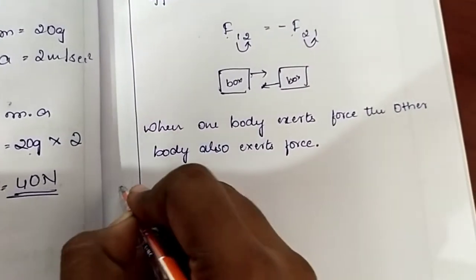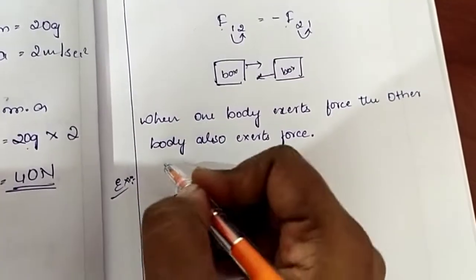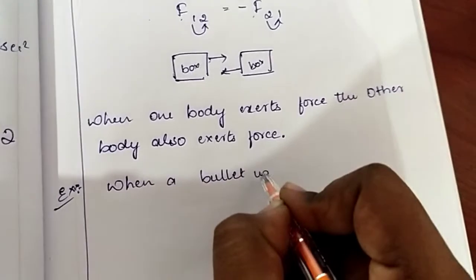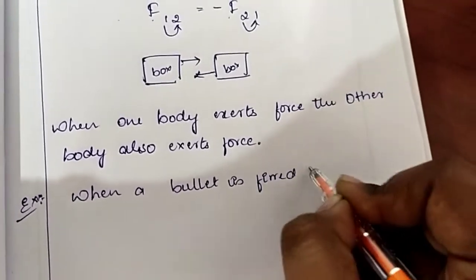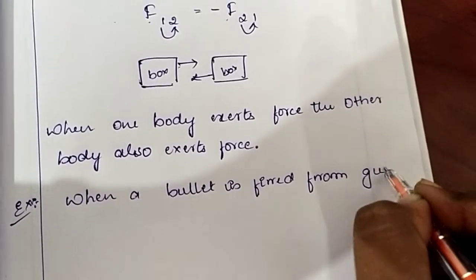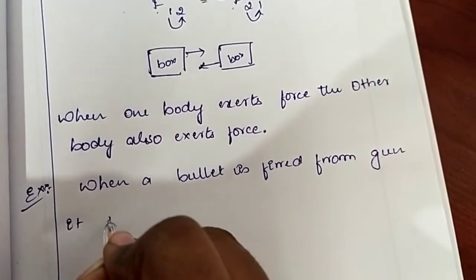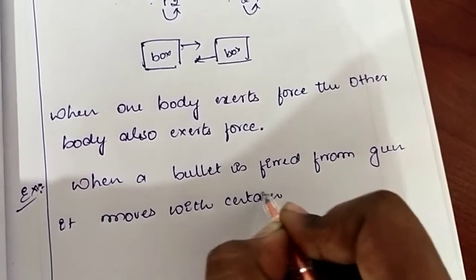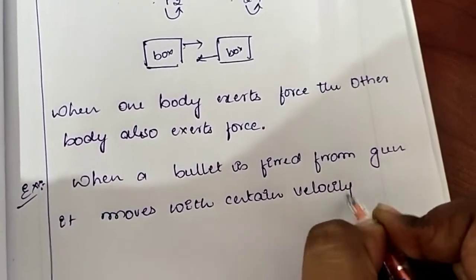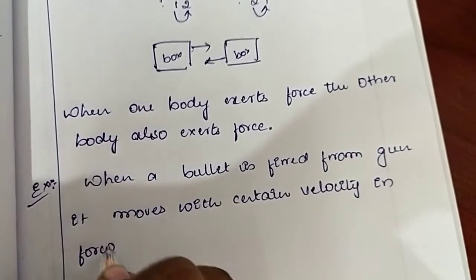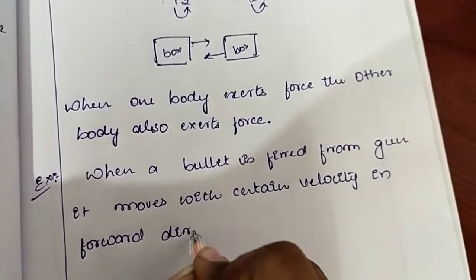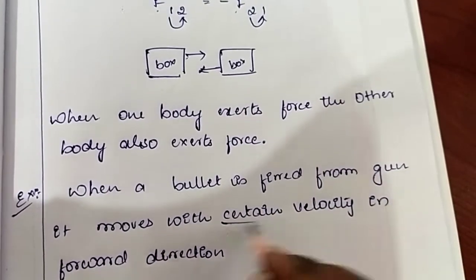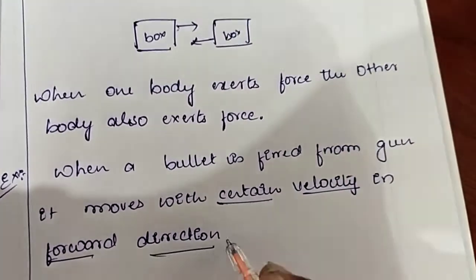Okay. Let us now take an example like this. When a bullet is fired from a gun, it moves with a certain velocity in the forward direction.